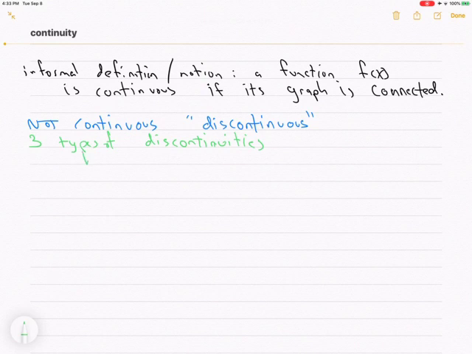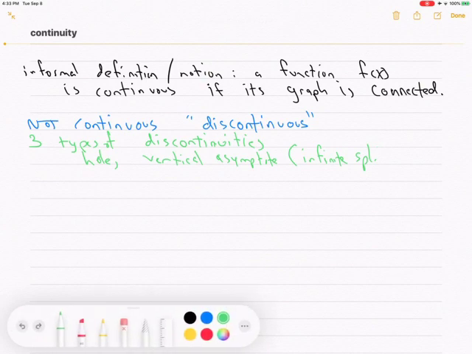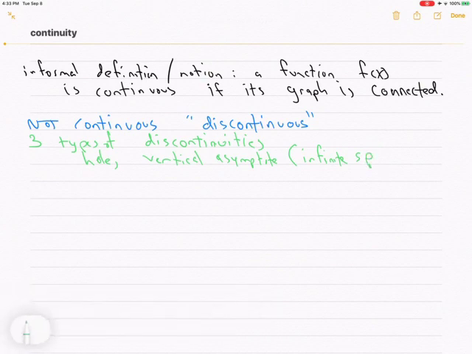You can have a hole, you can have a vertical asymptote, so that's like an infinite spike. Or you can have a jump.